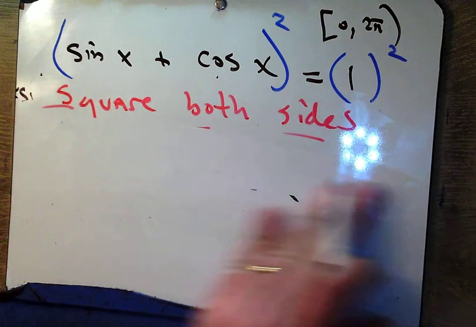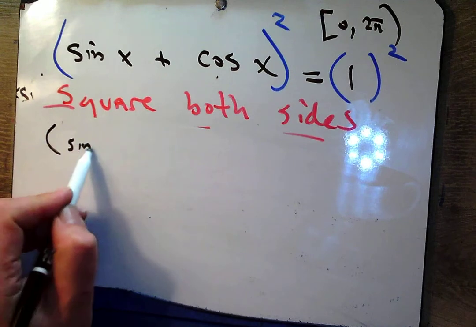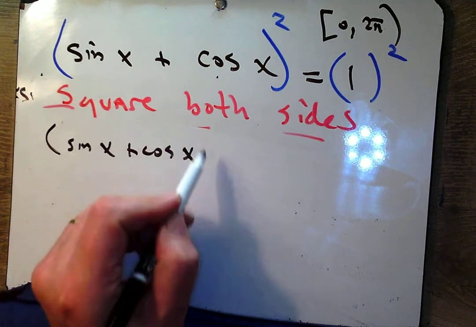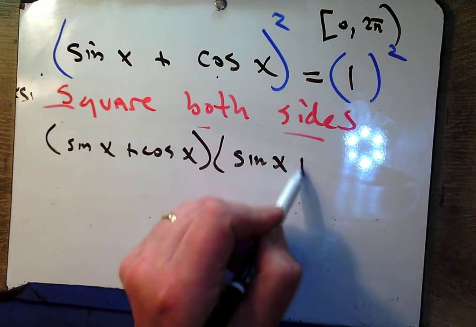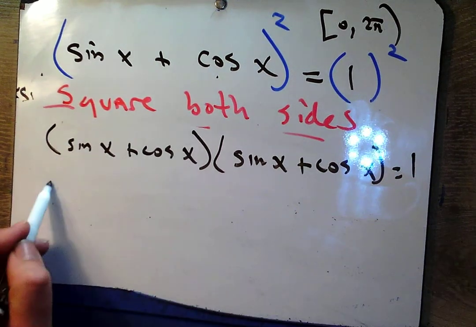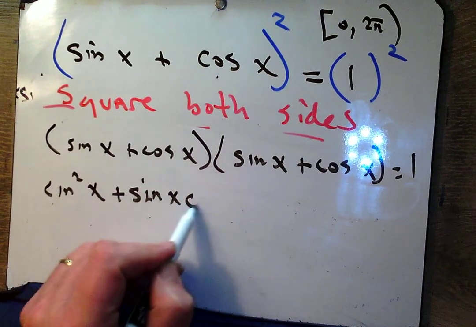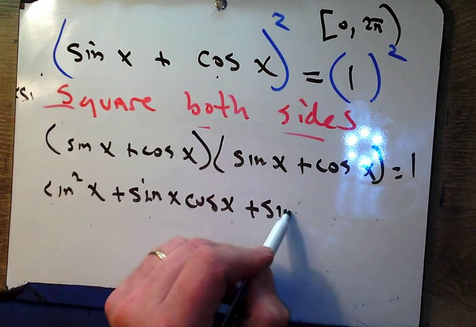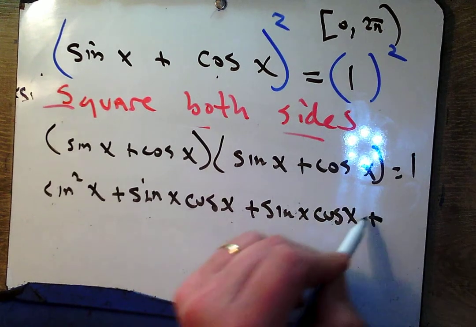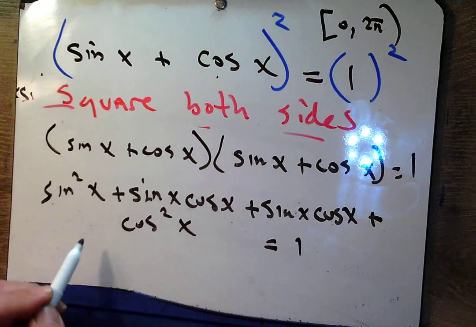So here's what I want to say. I want to say this is FOIL. This is sine x plus cosine x times sine x plus cosine x. And that's FOILing. That gives us sine squared plus sine x cosine x plus sine x cosine x plus cosine squared equals 1.